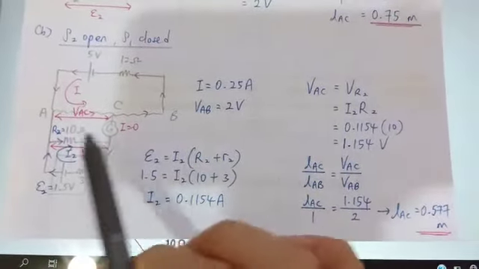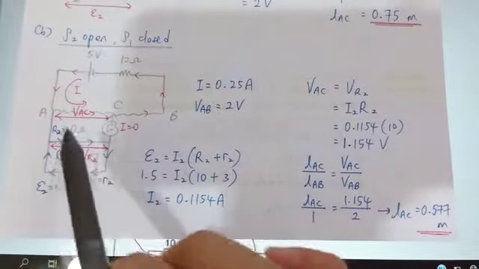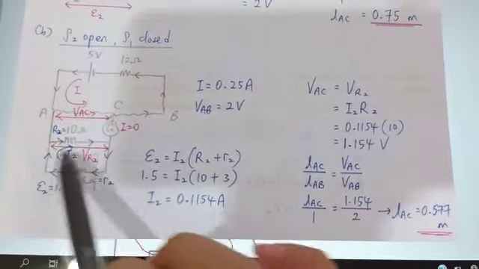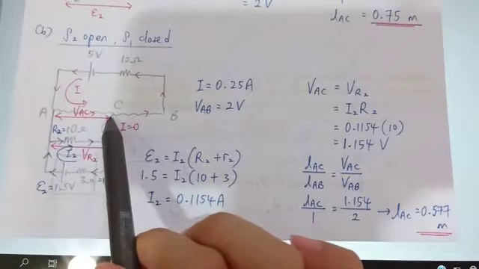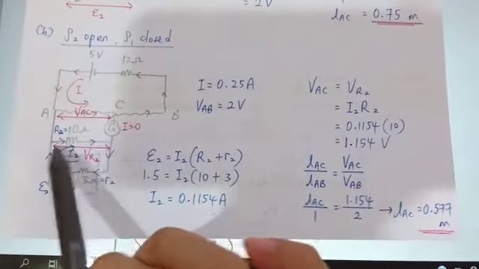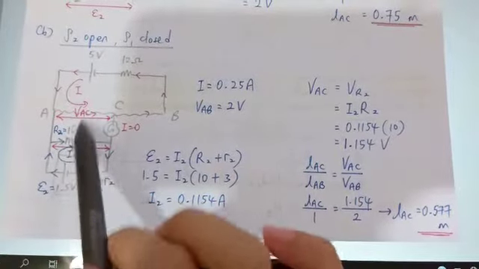After that, for this case, VAC is equal to VR2. The voltage across AC equals the voltage across R2, which is the 10 ohm, because they are parallel to each other.